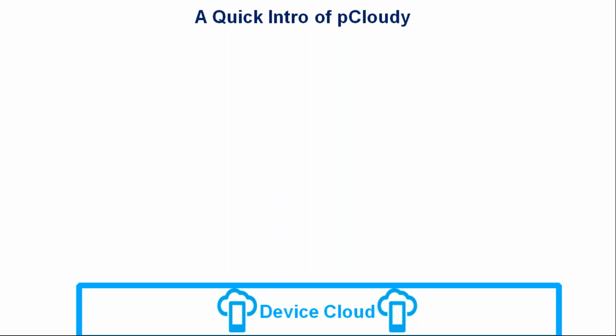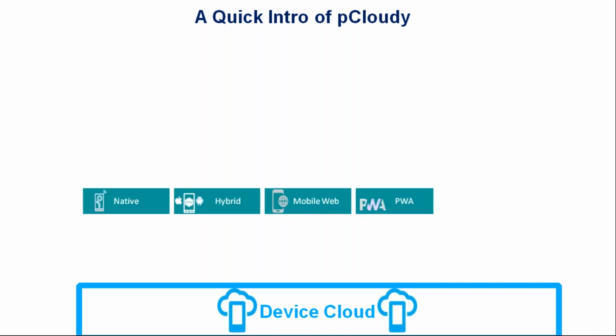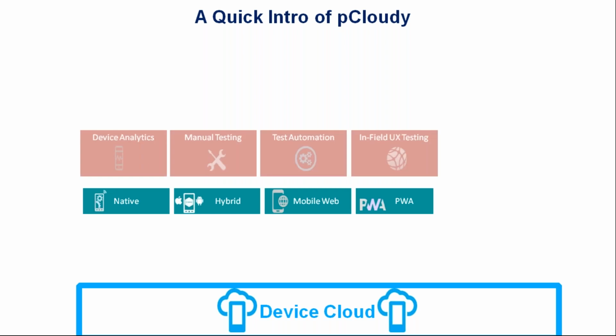Now, what applications can you test on this platform? You can test native applications, hybrid applications, and mobile web applications, and also PWA applications, which is what the latest market trends are. All these applications you can test on pCloudy devices.